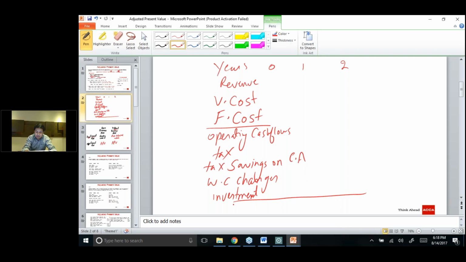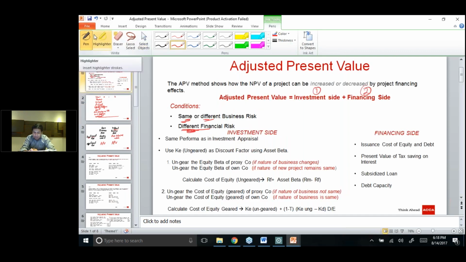Then we have a total, the net cash flows, and then we discount the net cash flows with a suitable discount factor. So the proforma is the same as in investment appraisal, starting from revenue till the net cash flows.